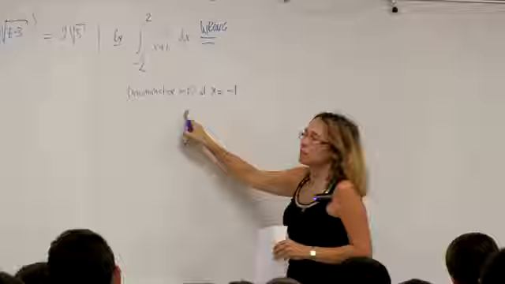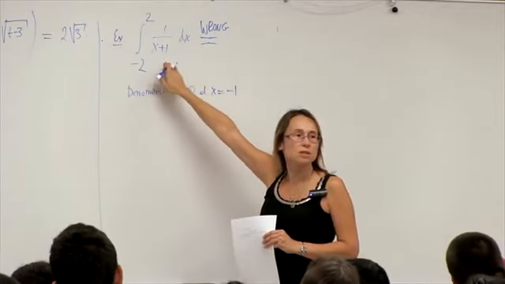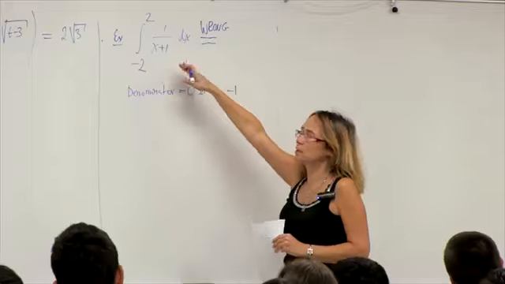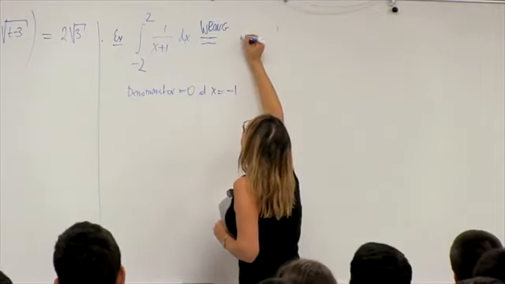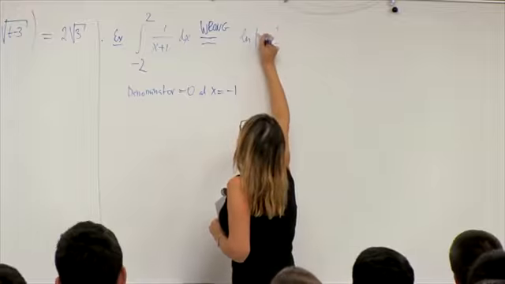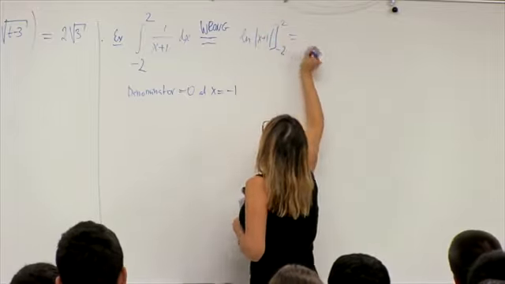If I don't notice this fact, I would go through the motions and just pretend that it's a proper integral. What would I get? This would be a log of x plus 1 evaluated between -2 and 2.